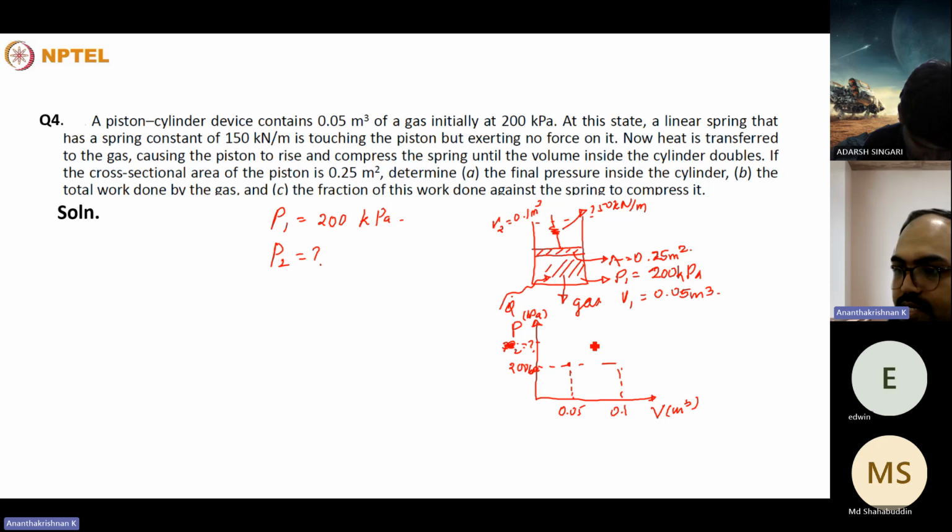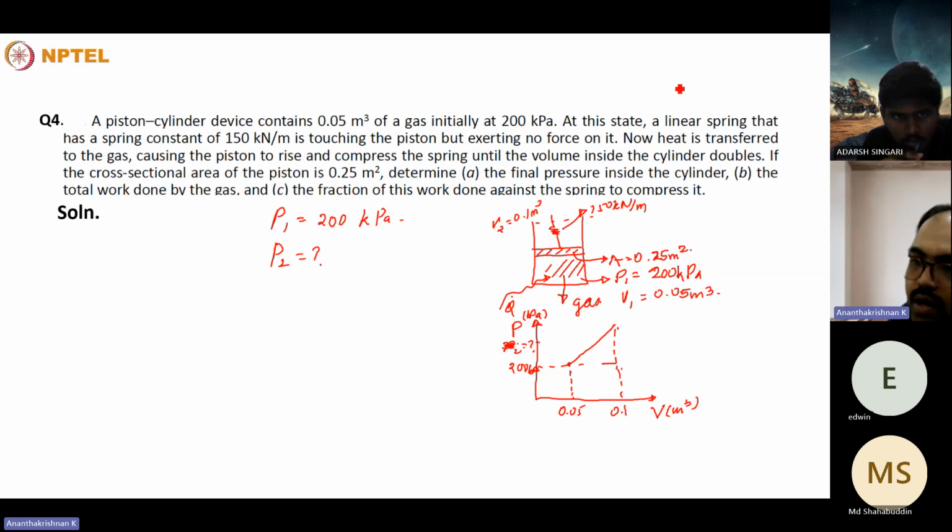That means you can denote the force in terms of the spring constant as well as the displacement of the spring. Since this is a linear spring, the pressure varies linearly with respect to the volume. So you can denote it straight away like this. The first point will be at 0.05, the second point at 0.1 meter cube, and the pressure we need to calculate.